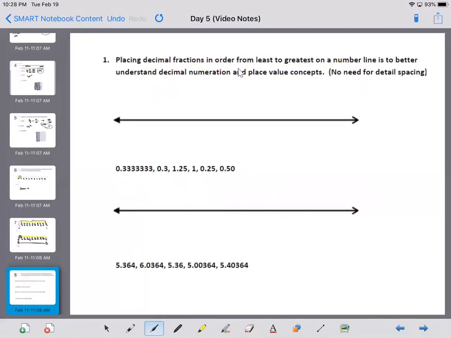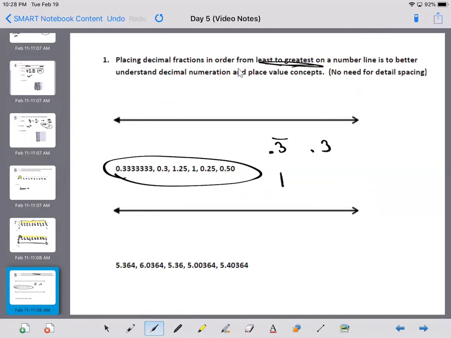Here we want to look at how we can place decimals in order from least to greatest. So this first one here is actually 3/10 repeating, and then we just have 3/10 terminating. We have 1 and 25 hundredths. We have 1, we have 25 hundredths, and we have 5/10 or 50 hundredths. So we can kind of look at it from 0 to 1, and we'll make this one 1 1/2.